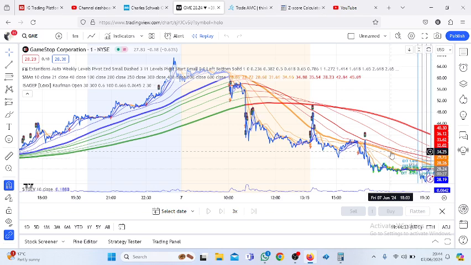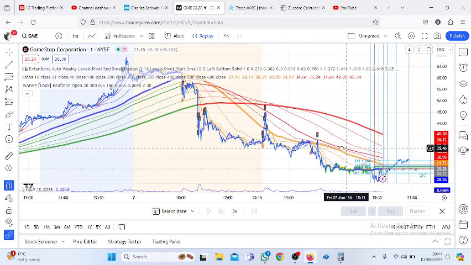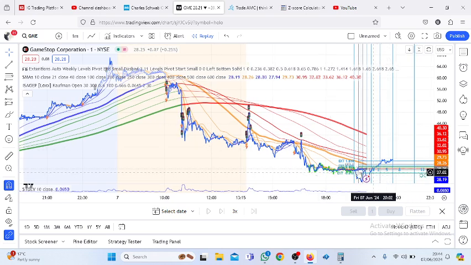Okay, so this is where we are now. We are live now. Extrapolation is showing that strength is going to come in, maybe in a post-market session.